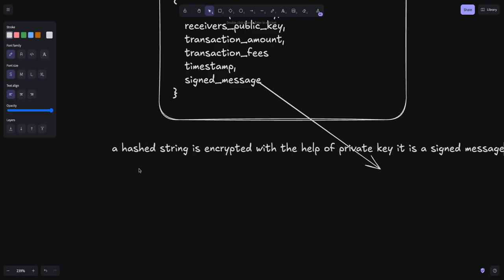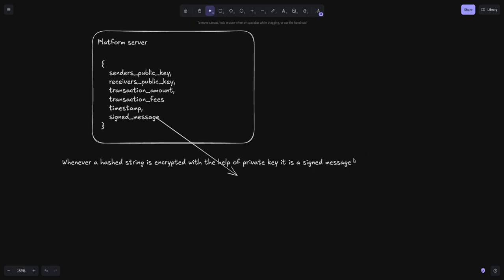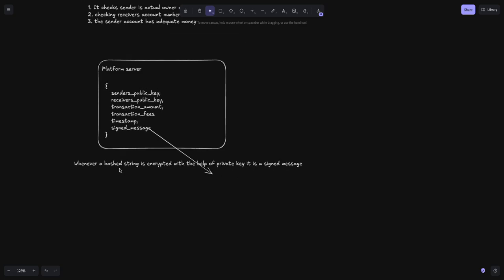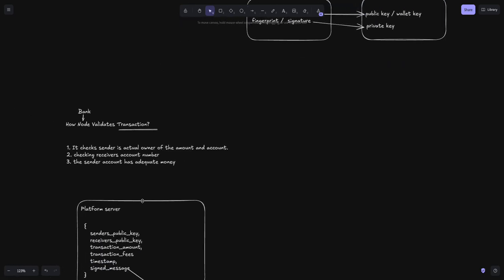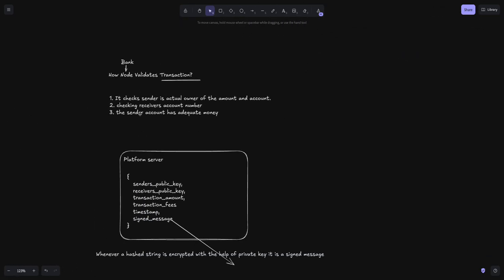Now understand, what does signed mean? It means that the sender is signing this hash. What is this hash? The hash is nothing but the random number that got created with the help of this hello string, right? This hello string. So just give me a moment.